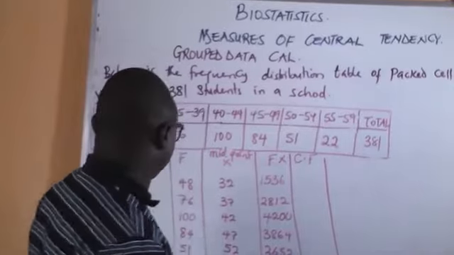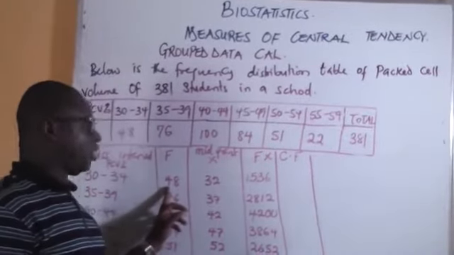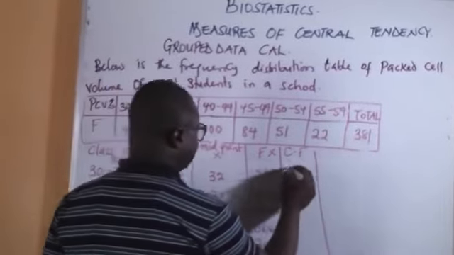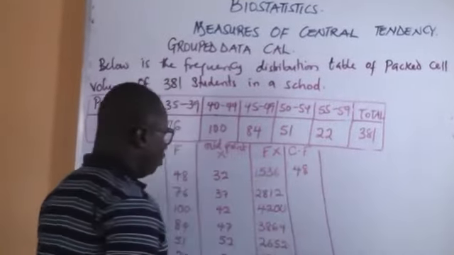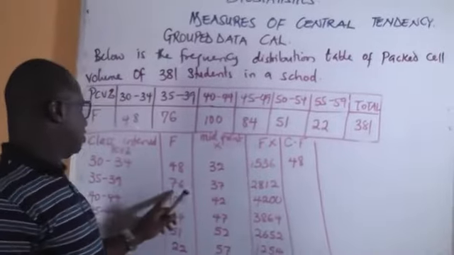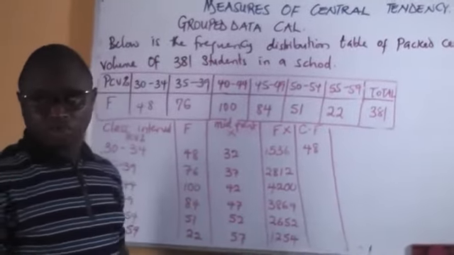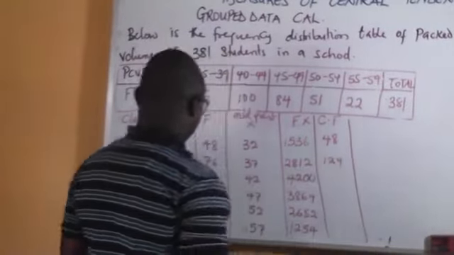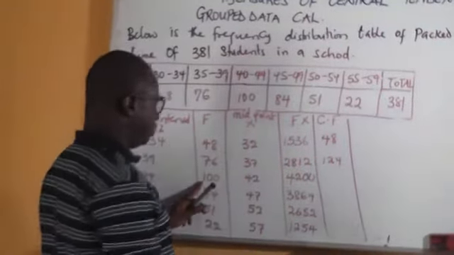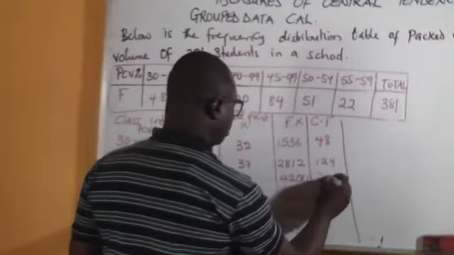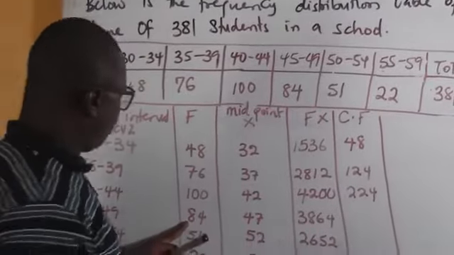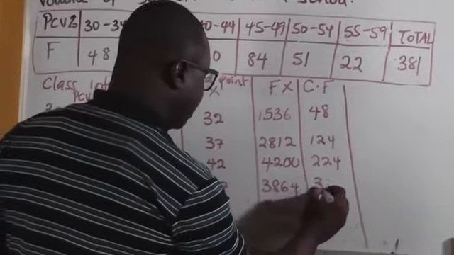So I'll just bring the first frequency here. The first frequency is 48. So 48 plus 76 is 124. 124 plus 100 will give us 224. Then 224 plus 84 will give you 308.